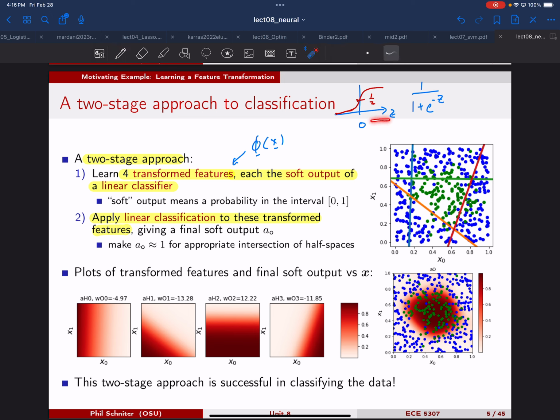As z grows positive, the sigmoid converges to the value 1, and as z goes negative, it converges to the value 0. Given a real number, you can think of this as a mapping of the real line to the interval between 0 and 1, or from a linear score to a probability. Those probabilities are often called soft outputs.